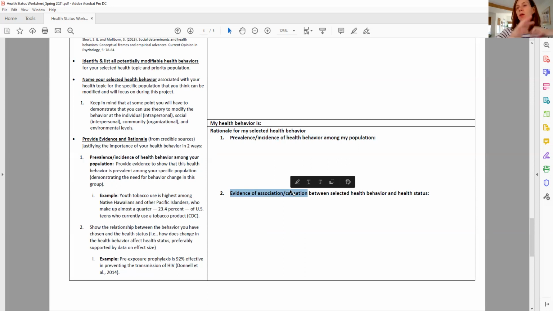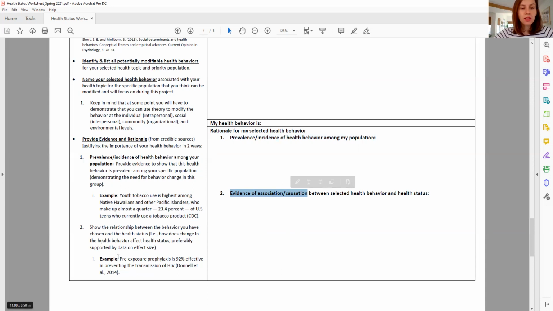Maybe they are among many factors, but this is why we want something that's strongly associated, so that we know if we could change smoking, we can reduce the risk of lung cancer. If we can change unprotected sex and get people to use condoms, we can reduce their risk for HIV. This is the purpose of finding this causal link.